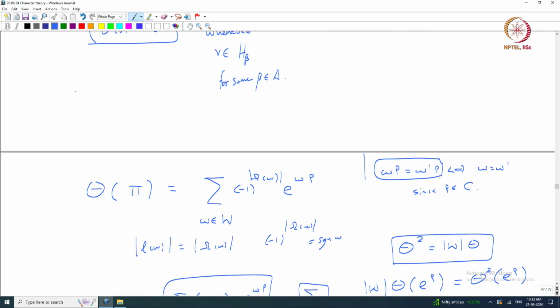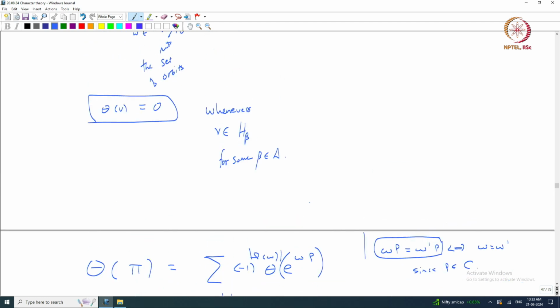So, here I am supposed to apply theta. So, this theta of pi here is supposed to be theta of this, because we are looking at pi, which is summation minus 1 power the cardinality of omega, e power rho minus summation alpha, alpha in omega, where omega runs over all delta plus.